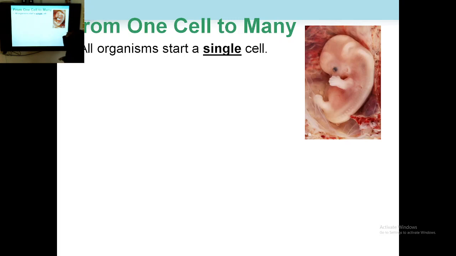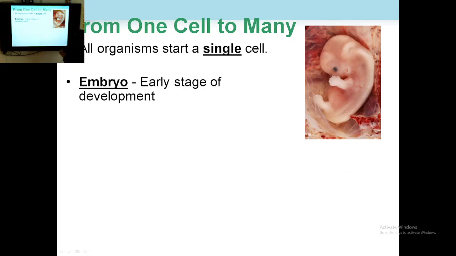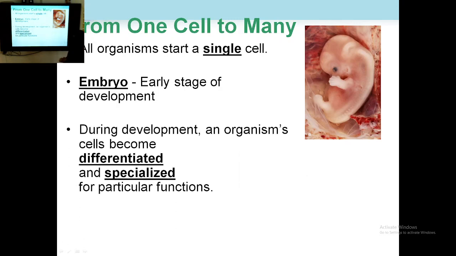This fetus comes from one single cell. These cells are called embryonic cells, or, as you mentioned before, stem cells. The embryo is the early stage of development, okay? During development, an organism's cells become differentiated and specialized for particular functions.